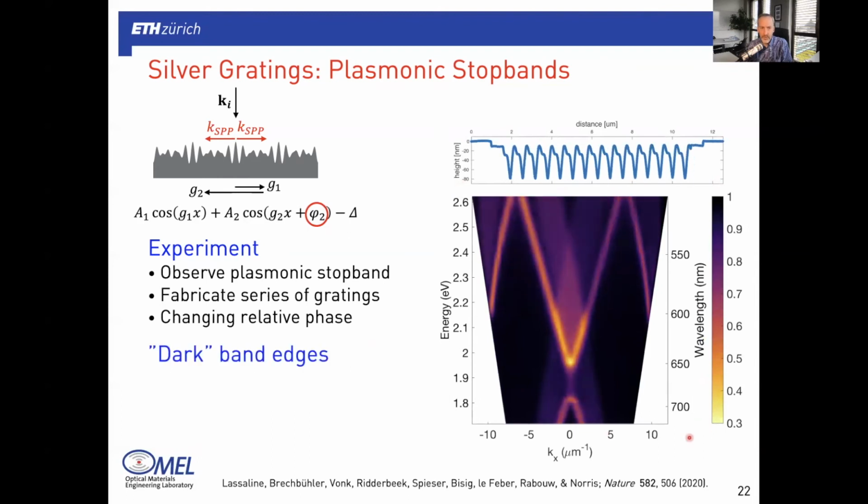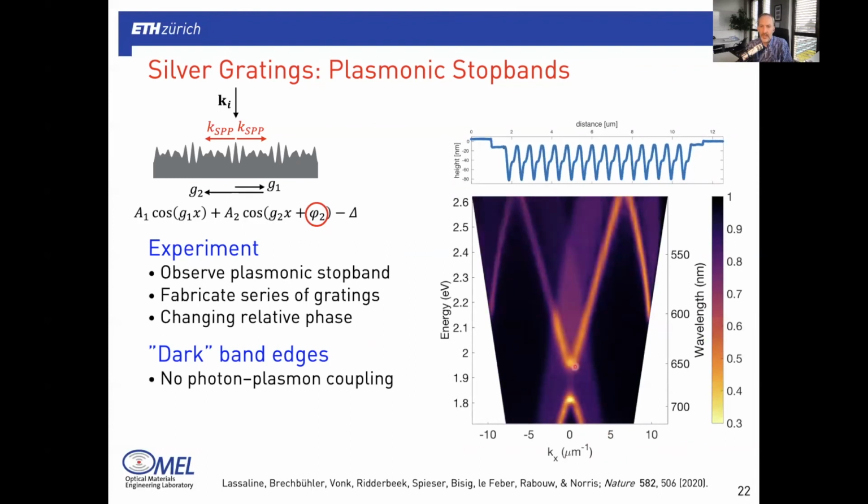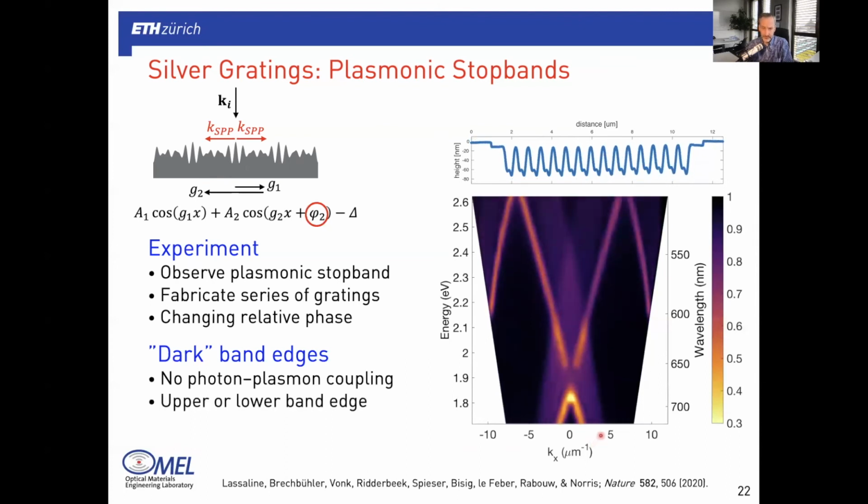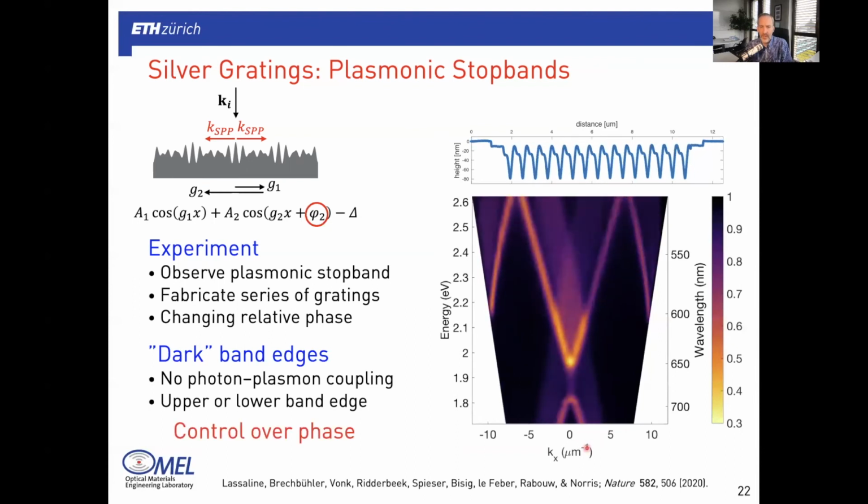And what's fun is you can affect the coupling between photons and plasmons at the stop band edge. So you can turn one of the stop band edges dark at a specific phase, either the bottom or the top band edge. And basically using this control over the phase, you're affecting how photons and plasmons couple here.